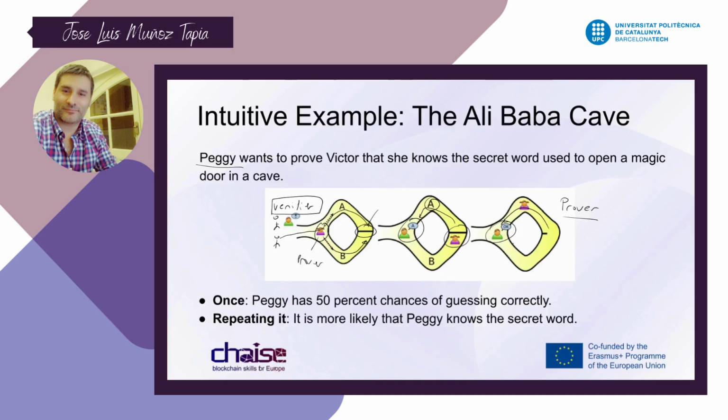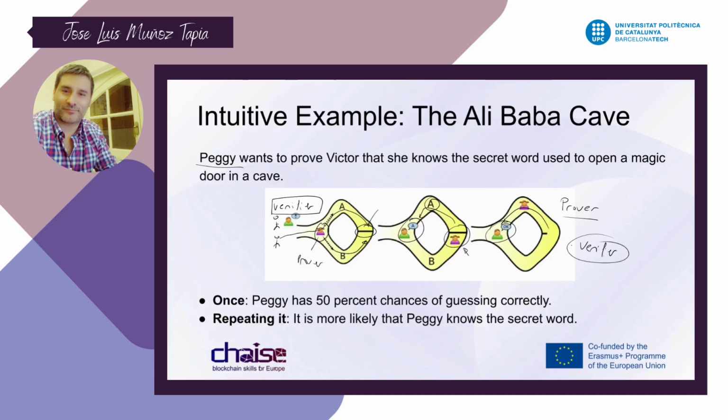So in this case, the prover needs to use the secret word to fulfill the request of the verifier.